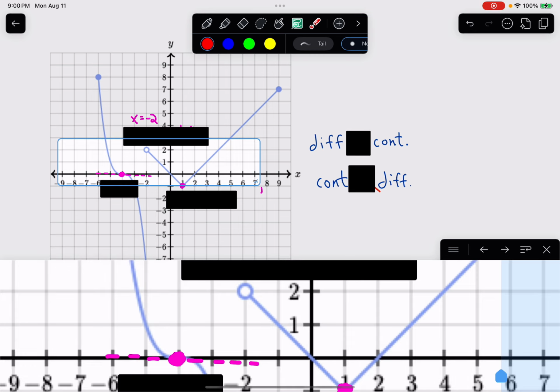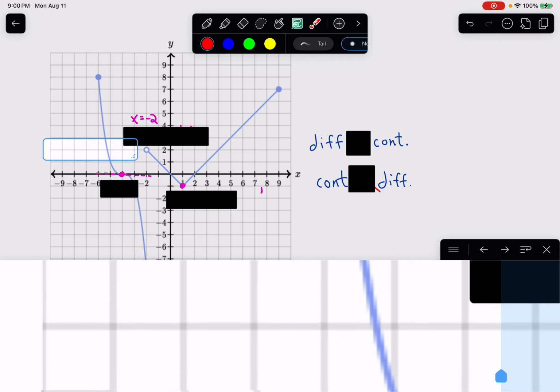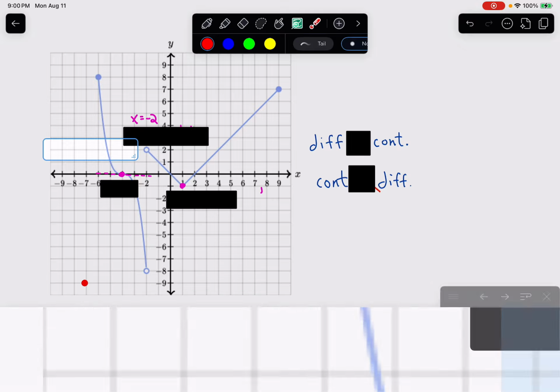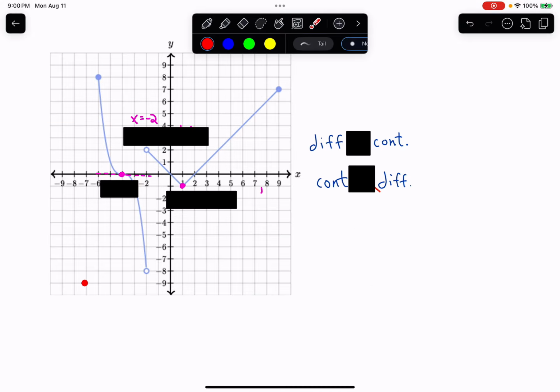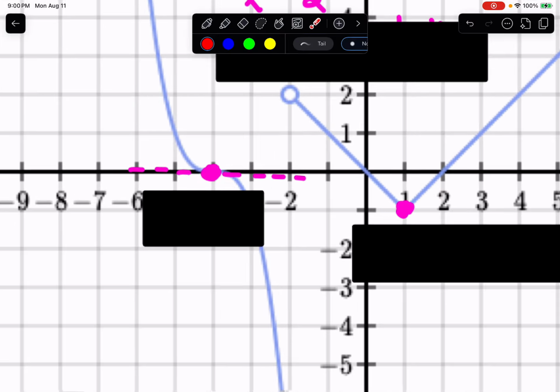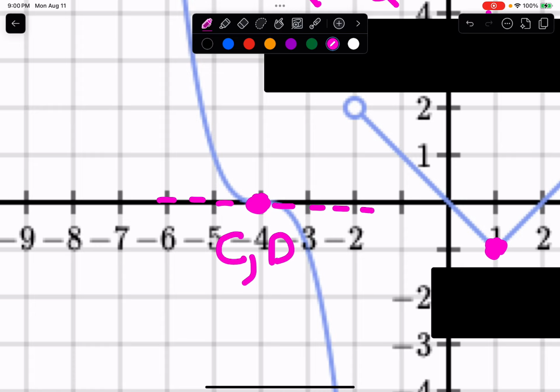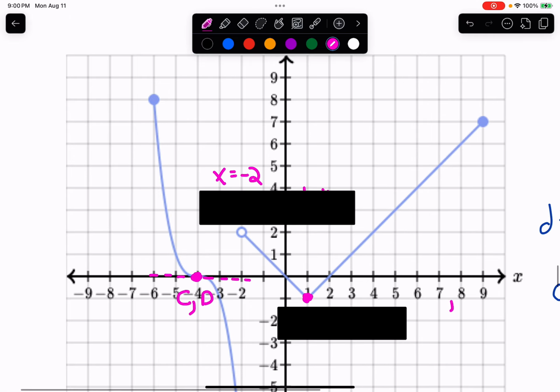Let's take a look at this graph at 3 specific x values. The first thing I want to start with is an x value where the function is both differentiable and continuous. That would be something like -4. A lot of students sometimes make a silly mistake. We'll say this is the graph of f of x.